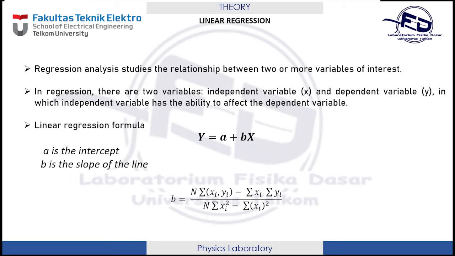The linear regression formula is y equals a plus bx. y is the dependent variable, a is the intercept, b is the slope of the line, and x is the independent variable. To find b, you can use the formula as shown in the PowerPoint.